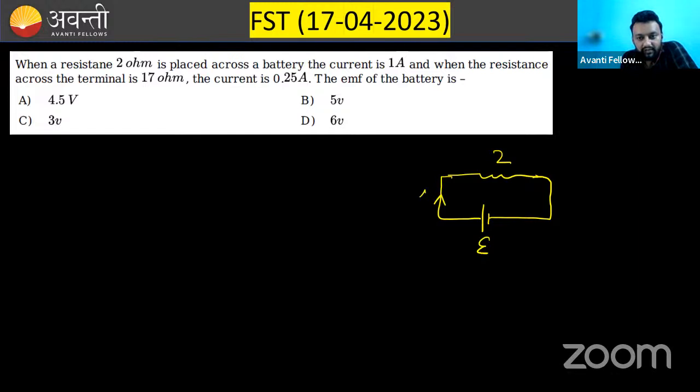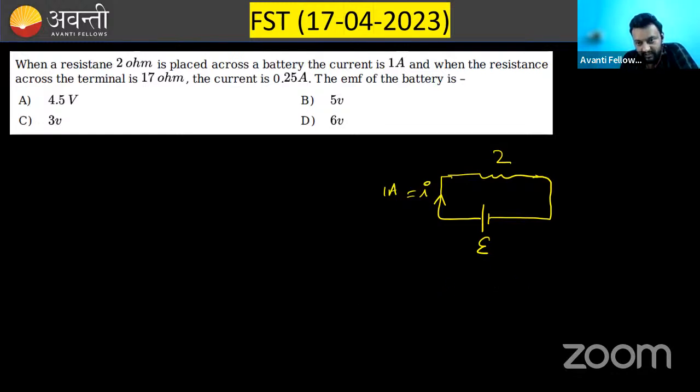Some of you might feel that current is given as 1 ampere, resistance is given as 2 ohm, then we can easily calculate the EMF. But the question is not that easy because of the next condition.